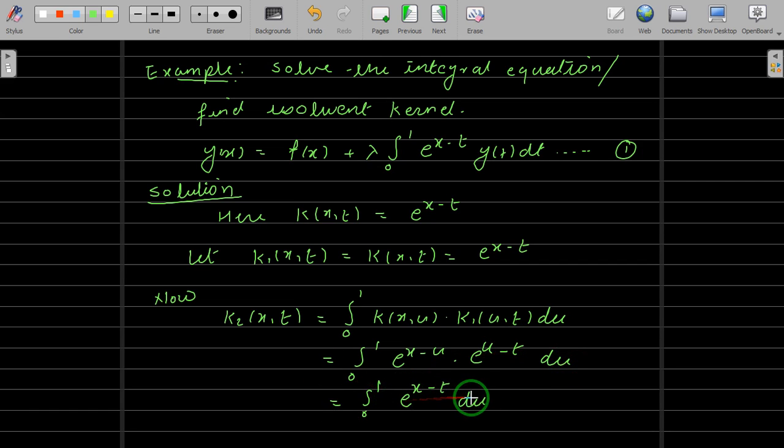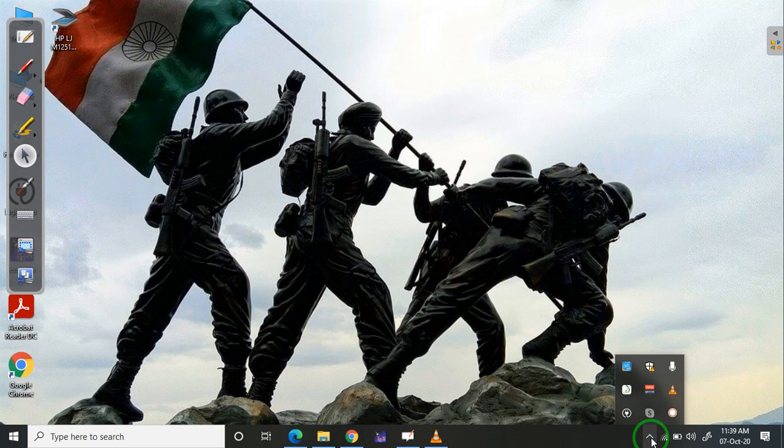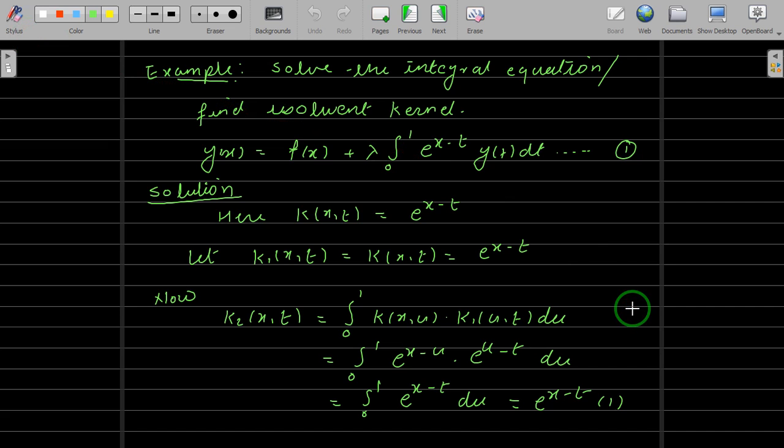In the integrand, there is no u, so this will be equal to e raised to x minus t, and when you integrate, you will have 1. So we have this k2(x, t) is e raised to x minus t.